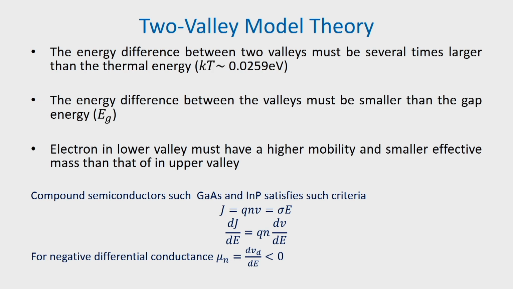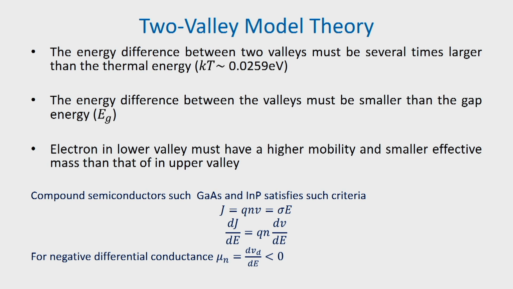So, in our two valley model, the energy difference between the two valleys must be several times larger than the thermal energy, which is kT and approximately equal to 0.0259 electron volt. Secondly, the energy difference between the valleys must be smaller than the gap energy Eg.